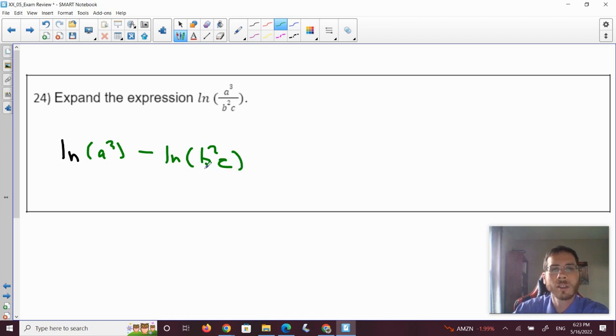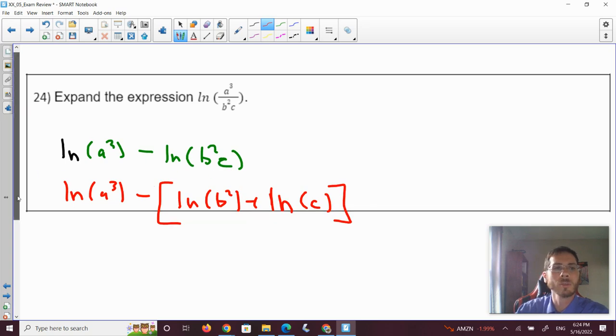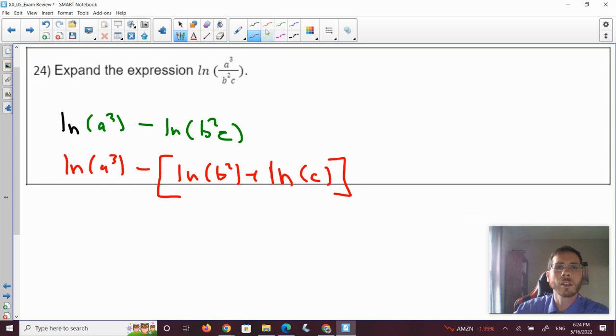Then I can also take this multiplication and turn multiplication into addition. I gotta be careful here. So ln a to the third minus, it's gonna be subtracting the whole thing, so ln b squared plus ln of c. I gotta be really careful because this minus sign is gonna distribute. I'm not gonna distribute yet, but it is gonna distribute.